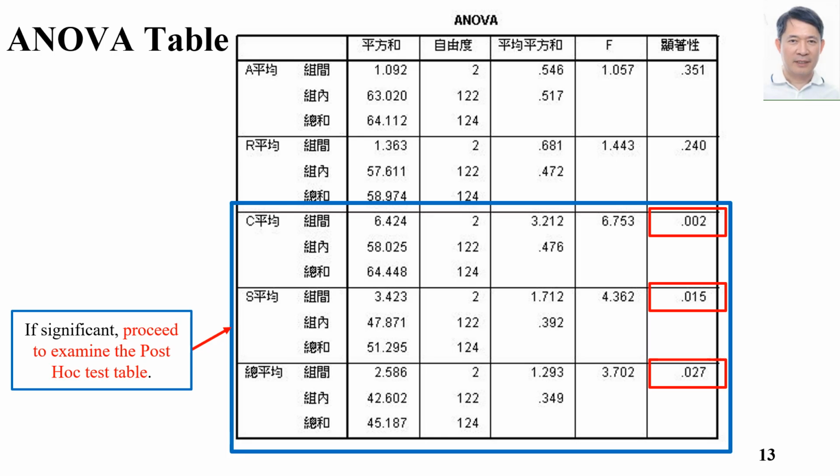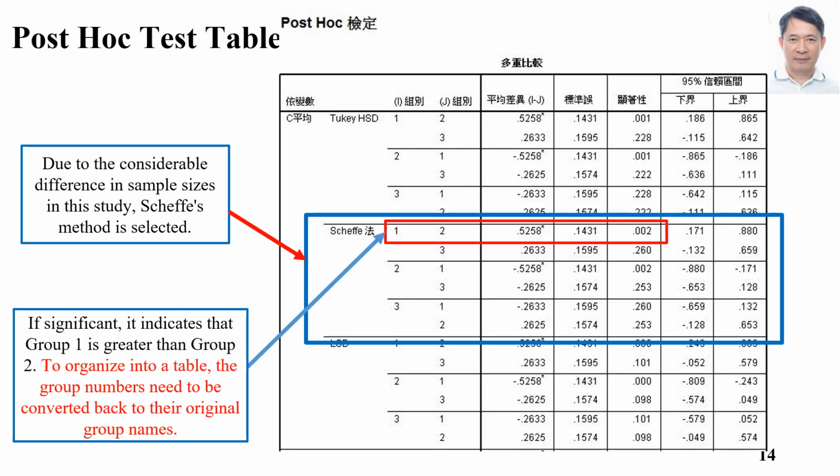Next, let's look at the significant part, which includes C, S, and the total average. Since these three are significant, we need to determine which pairs have significant differences. Then, let's examine the post hoc comparison using the Scheffe method. Regarding the comparison of means in variable C, the comparison between group 1 and 2 yields a value less than 0.05, indicating significance.